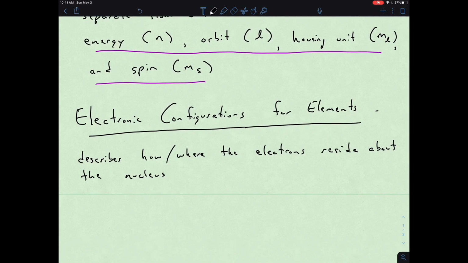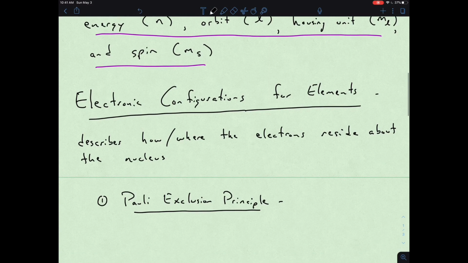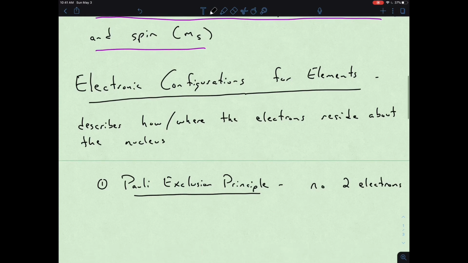Before we get into describing all these configurations, we do have to have a couple rule sets. The first rule set is the Pauli exclusion principle, which says that no two electrons can have the same 4 quantum numbers.